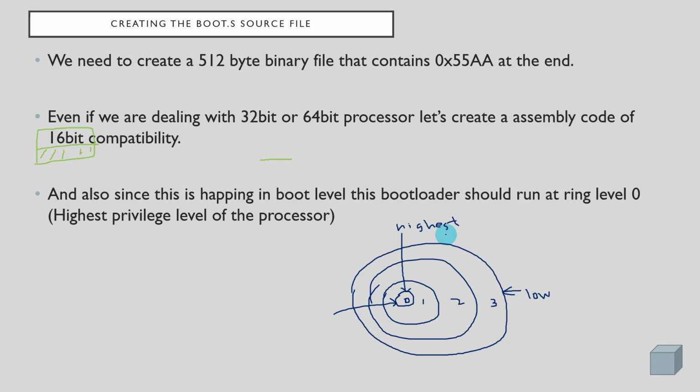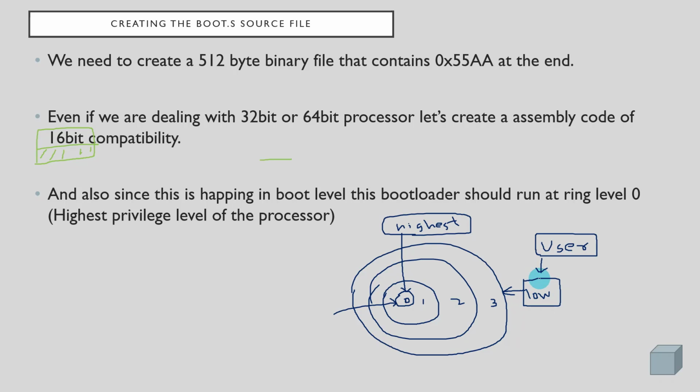But this is the highest privilege level, and ring level 3 is the lowest privilege level, and normally this is the place where users exist, because users normally make mistakes. Those mistakes can be handled by the operating system instead of being forwarded directly to the hardware. So that's why users have a low privilege level, for their own sake.